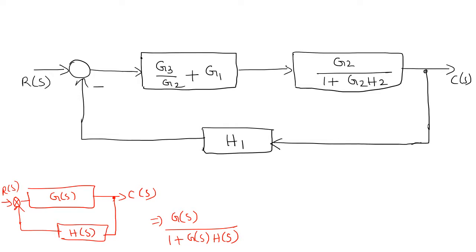Now we have come to this point wherein we have only 3 blocks. It is very clear that these two are in cascade, and if we combine them and form one single block, we will have the canonical form wherein we can obtain the transfer function very easily. So we will reduce this further. R of S will be as it is, our summing point 1 will be as it is.